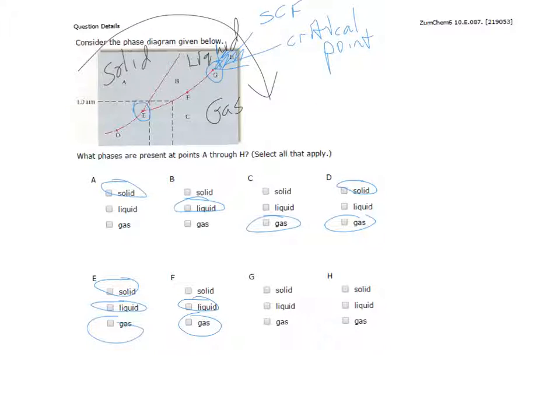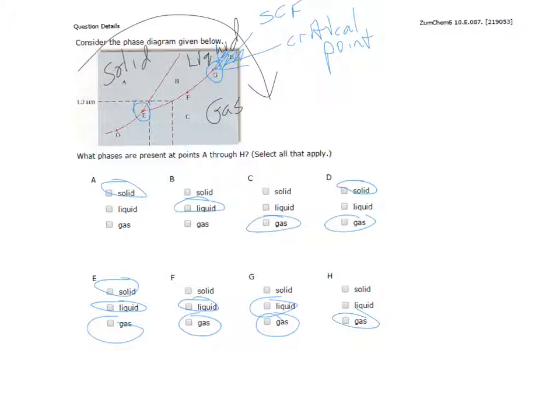So we have both the liquid state and the gaseous state at point F. At point G, we have both the liquid and gas, and if we could choose supercritical fluid or plasma, I would select that too, but that wasn't one of our options at point G. And then lastly, at point H, it's a supercritical fluid, but our best option given that selection is a gas, something closest to a supercritical fluid.